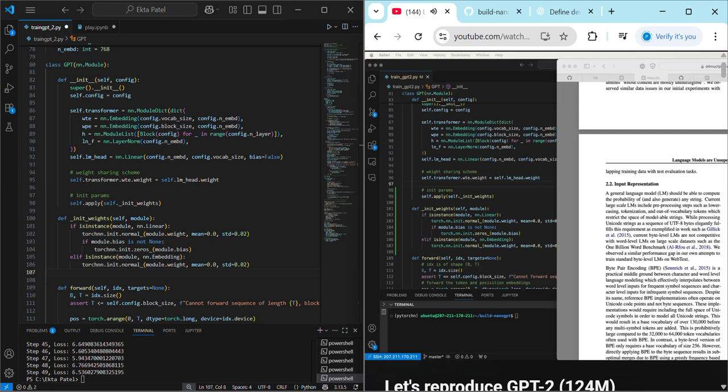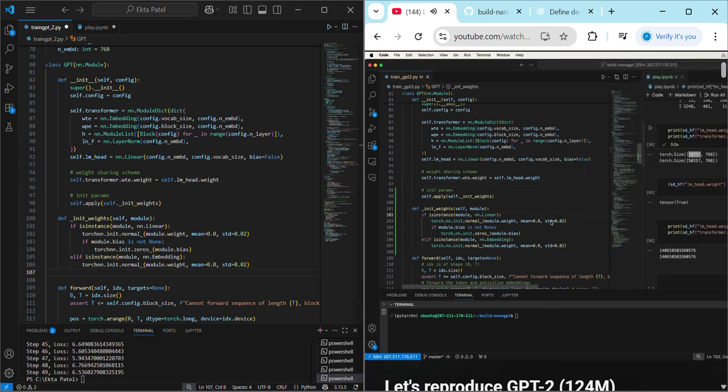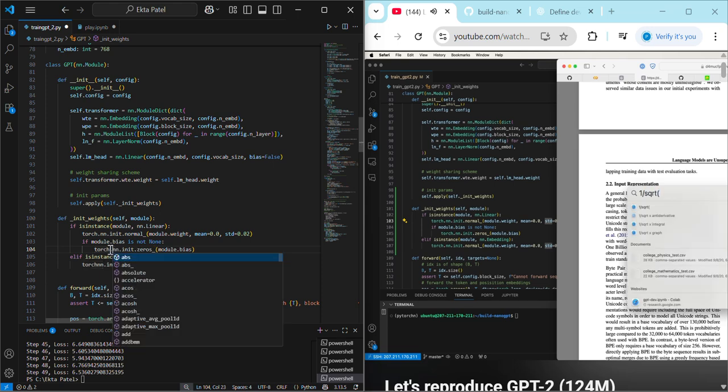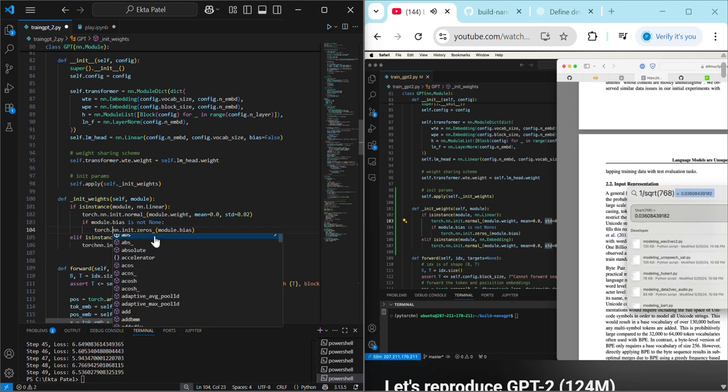I would like to point out, by the way, that typically the standard deviation on this initialization, if you follow the Xavier initialization, would be 1 over the square root of the number of features that are incoming into this layer. But if you'll notice, 0.02 is basically consistent with that, because the d_model sizes inside these transformers for GPT-2 are roughly 768, 1600, etc. So 1 over the square root of, for example, 768 gives us 0.03.